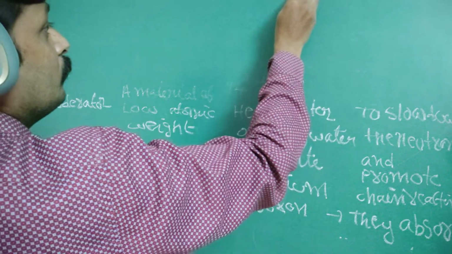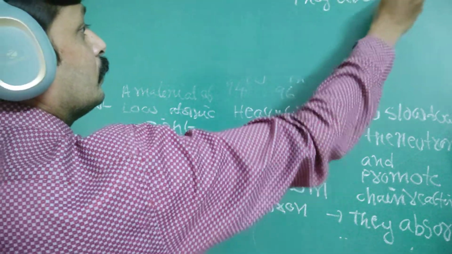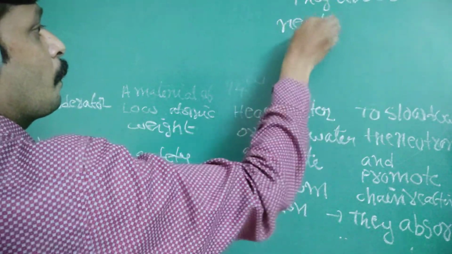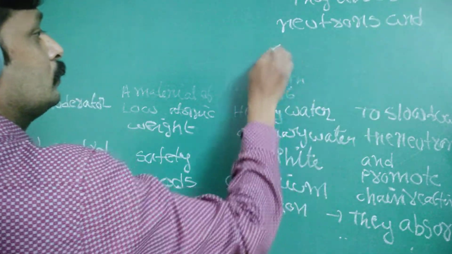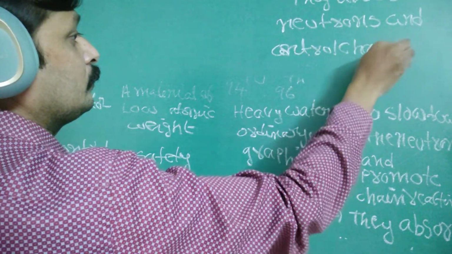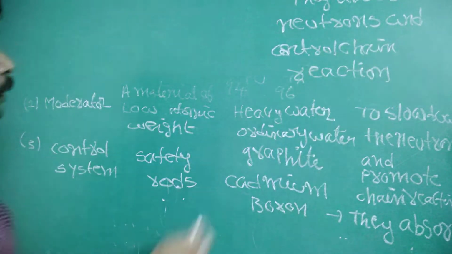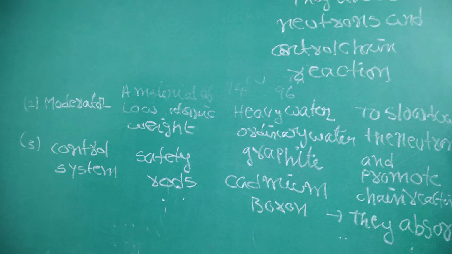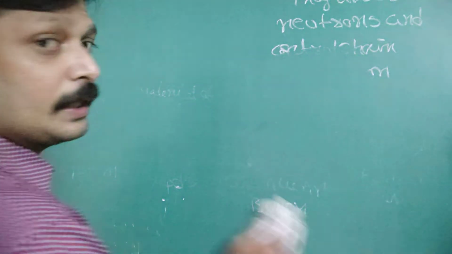They absorb neutrons and control the chain reaction. I write that point in the last column, the parameter column. They absorb neutrons and control the chain reaction. That is, 3 blocks are completed out of the 5 units. Now 3 units are over.